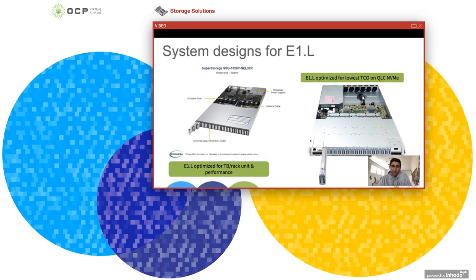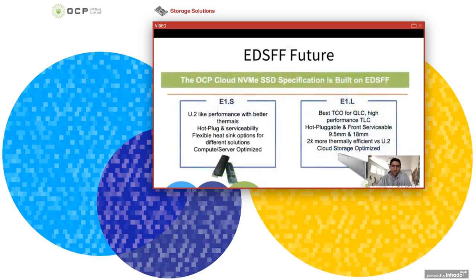A ton of different opportunity there, and we're going to hear a lot more about it from the rest of the OCP storage workgroup panel that is, quite frankly, working on actually bringing these solutions to market. So one of the things that will be talked about in this OCP storage workgroup is the cloud NVMe SSD spec from OCP, and I'm not going to get into the nuts and bolts of that because there's a whole presentation on it, but it's really built on EDSFF as the foundation, as the form factor for that going forward.